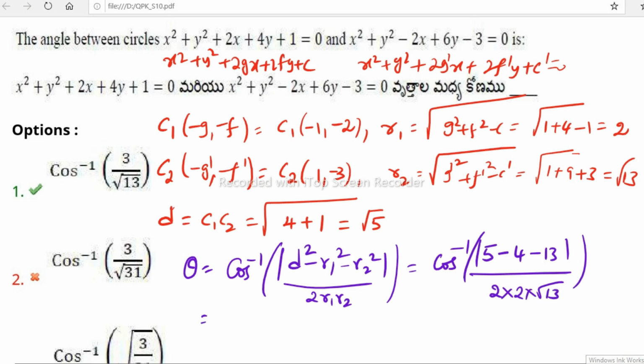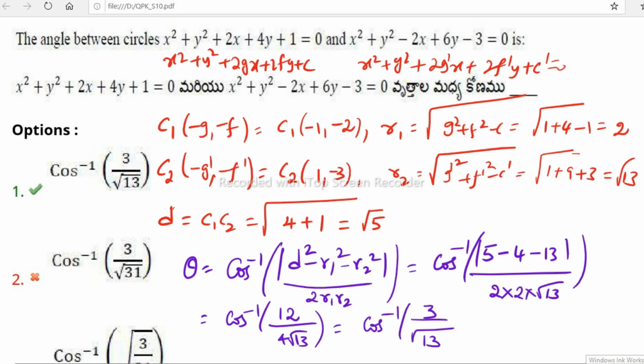5 minus 17 gives minus 12, that is 5 - 4 = 1, 1 - 13 = -12, under modulus it is plus 12. So cos inverse of 12 by 4√13, 4 cancels with 12, giving 3, so cos inverse of 3 by √13.